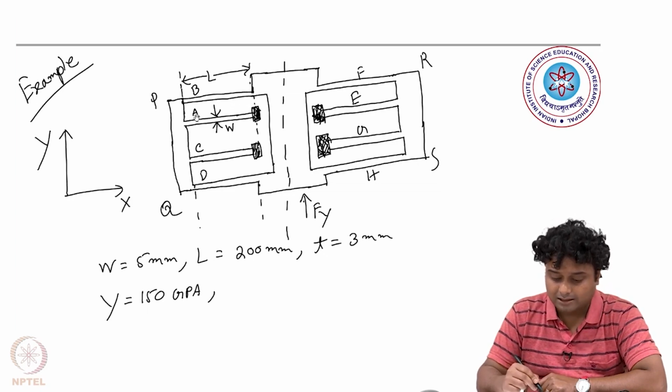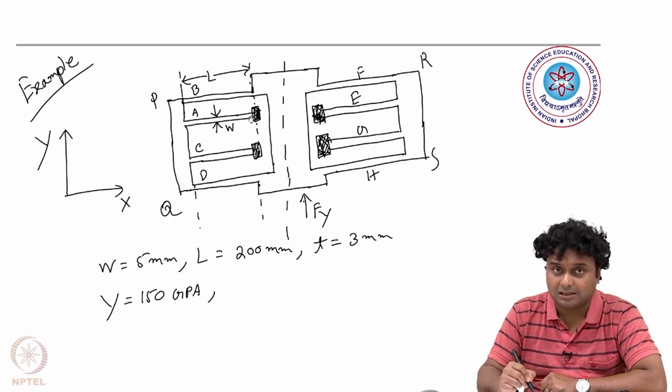Whereas as the PQ structure moves upwards by 3 micrometer, the point of the A beam connected to the PQ structure will move upwards by 3 micrometer, but the other side of the A beam, which is fixed, will have no movement.